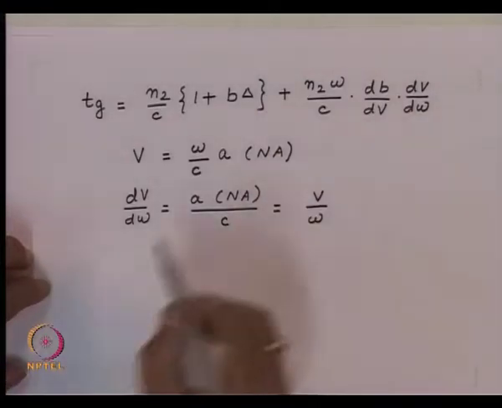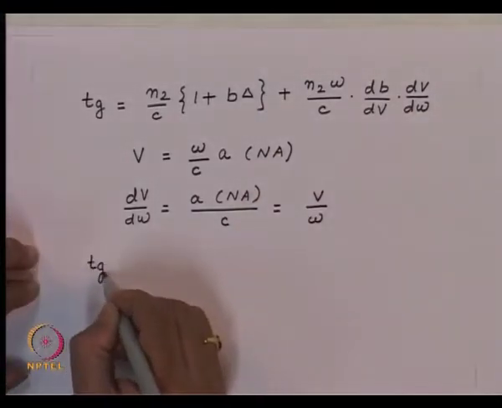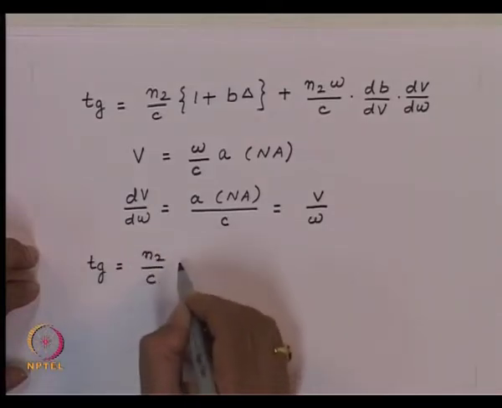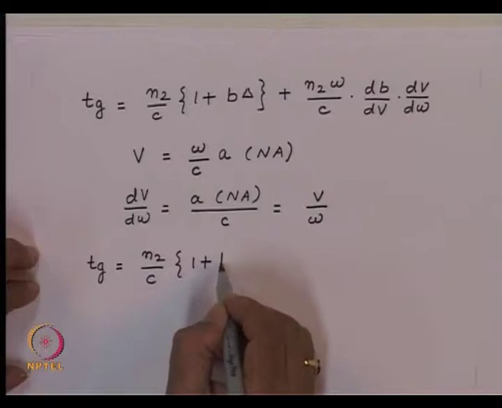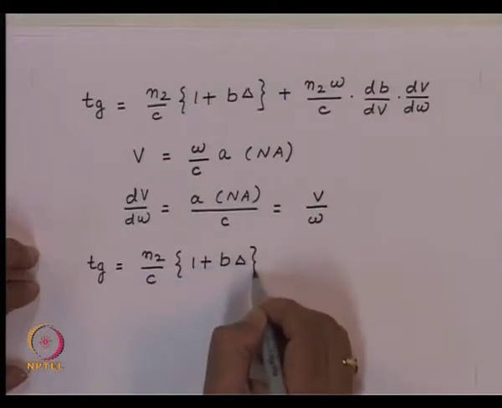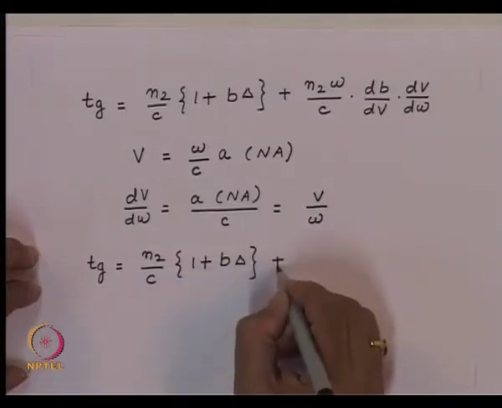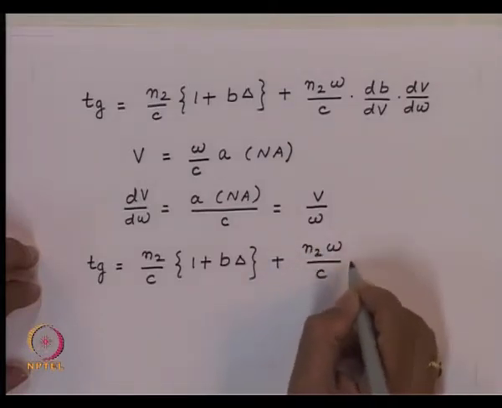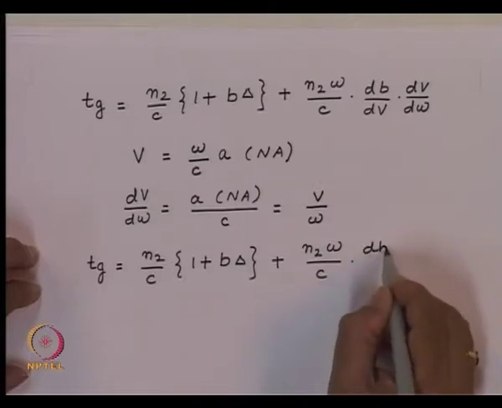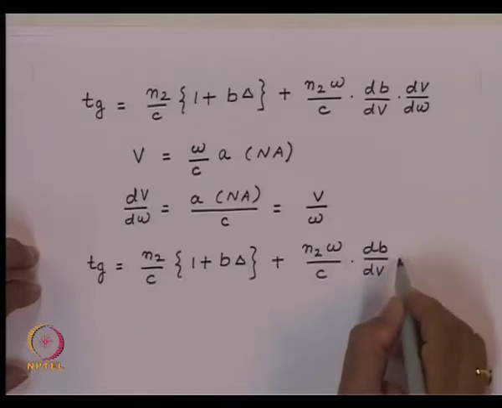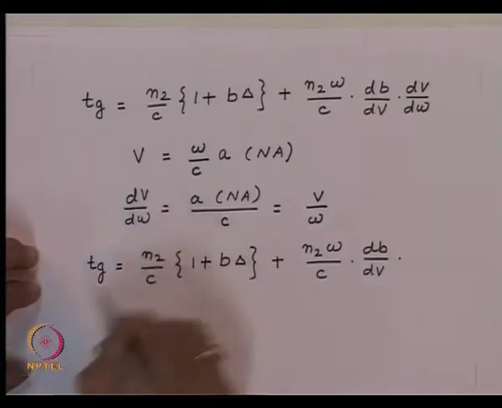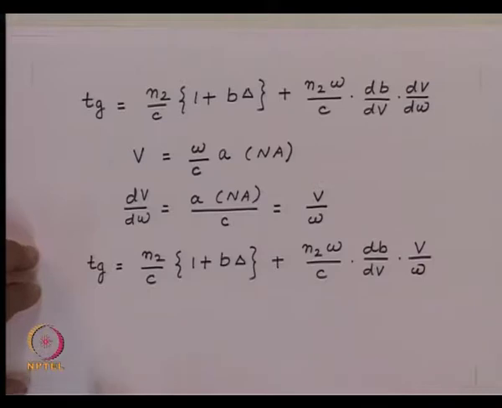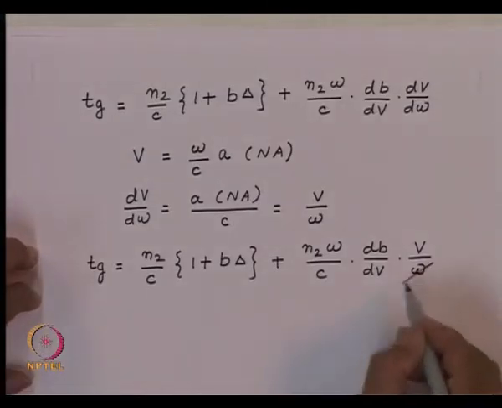So I can substitute into this to get the group delay, that will be equal to n2 by c (1 plus B delta) plus n2 omega upon c, dB by dV into dV by d omega, which is nothing but V upon omega. So this omega cancels with this.